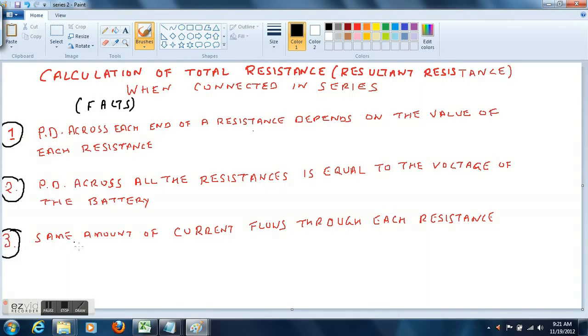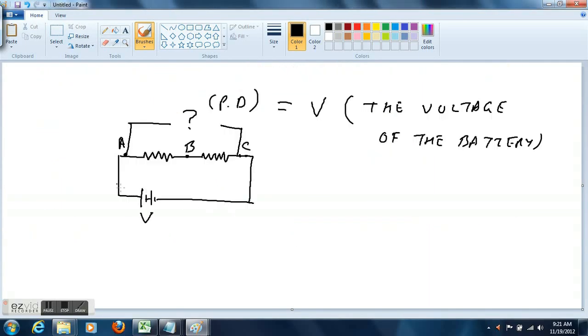Third point, the same amount of current flows through each resistance. Let us examine this point also. Suppose the current flow is I. Since the resistances are connected in series, there is only one way for it to go. So the same current I will flow through R1, and the same current I ampere will flow through R2.